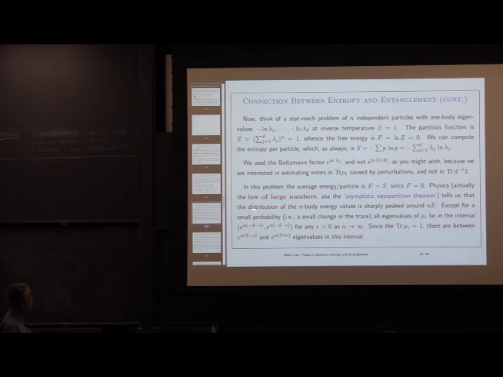Now physics, actually the law of large numbers, that's really what's going on here, also known as, there are fancy names that go in this field. One of the fancy names is the asymptotic equipartition theorem, but it's been known to the ancients as the law of large numbers. Okay. This tells us that the distribution of the n-body energy values is sharply peaked around n times E.